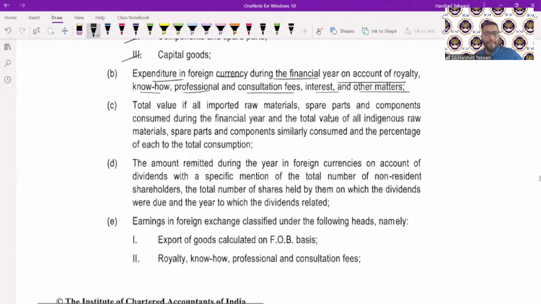Again, the total value of all imported raw materials, spare parts, components consumed during the year, and the total of all indigenous raw materials, spare parts, components similarly consumed, and the percentage of each to the total. Imported means outside, indigenous means local raw material, and the percentage to total consumption. For example, during the year I consumed raw material of 100 rupees total consumption, out of which 40 was imported from outside India and 60 was within India.